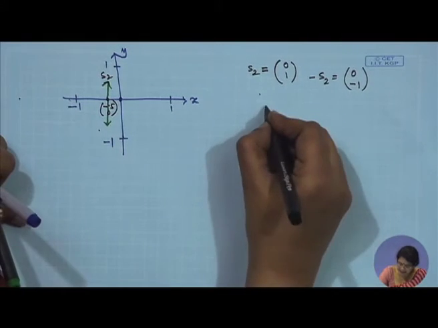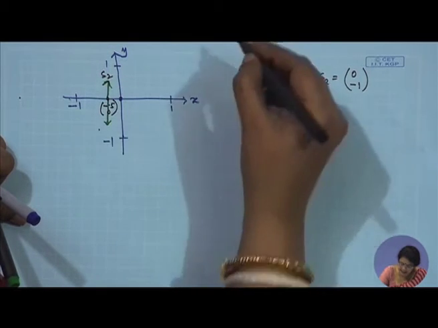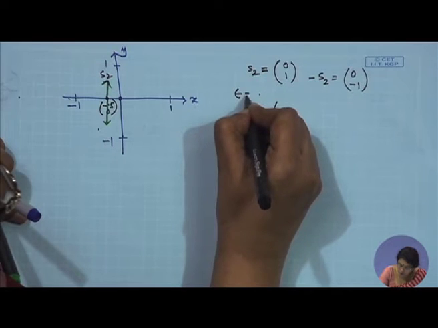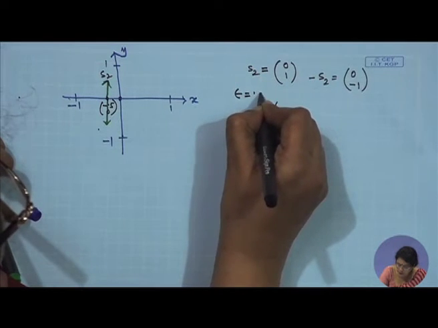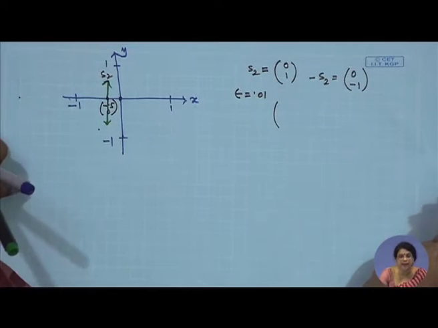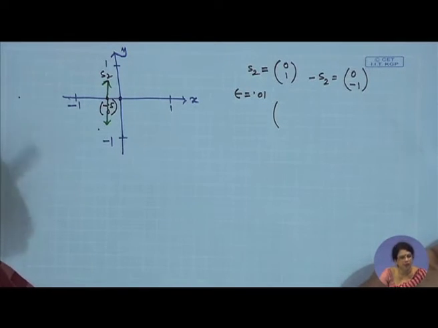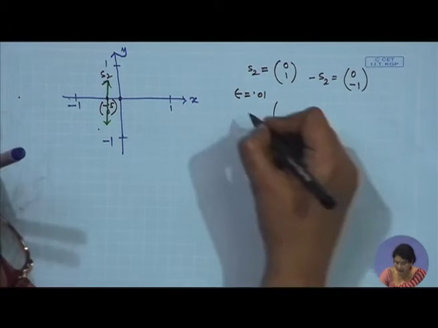We could see that if I move in this direction, that means with a small probe length, epsilon is equal to 0.01 again. Again, I am not doing any optimization here to find out what should be the optimum step length, so that I could reach the solution very quickly.